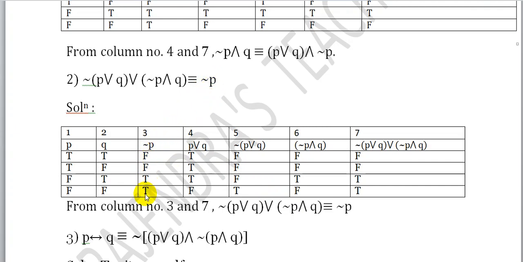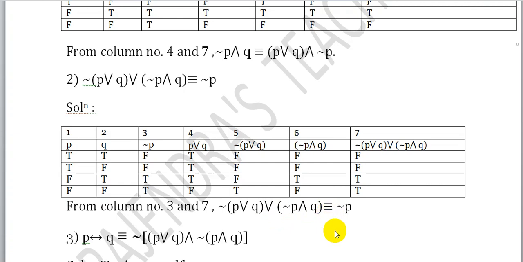It is double F double T. And column number 7, which is the left hand side of the given statement, is also double F double T. So we see that both are equal. Therefore, from column number 3 and 7, negation of (P or Q) or (negation P and Q) is equivalent to negation P.